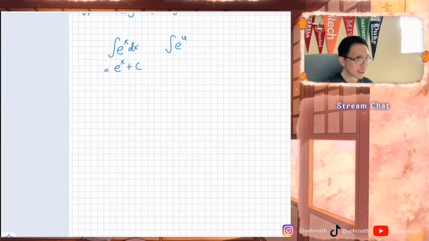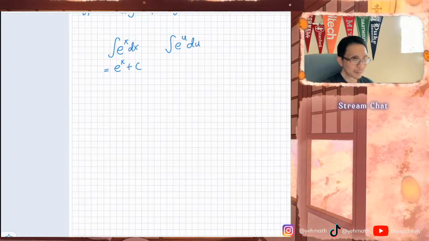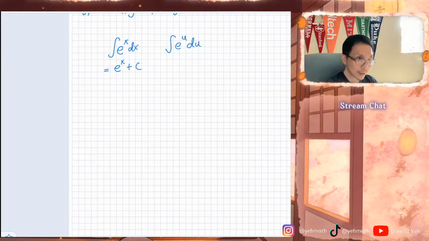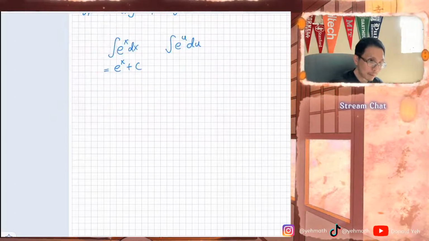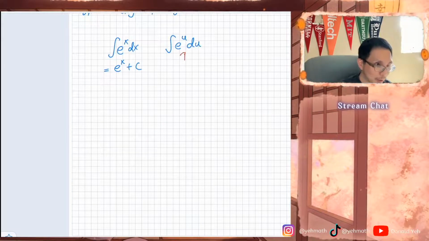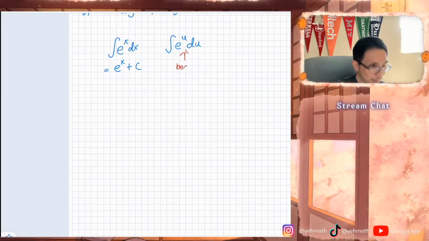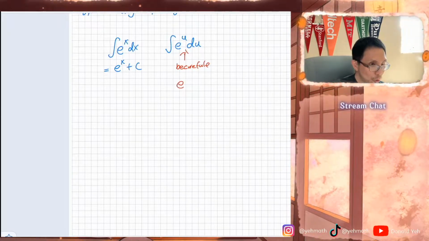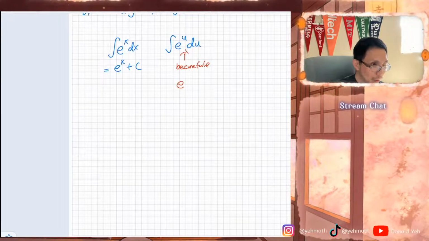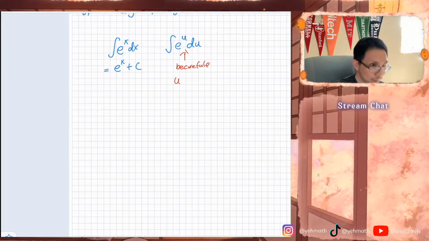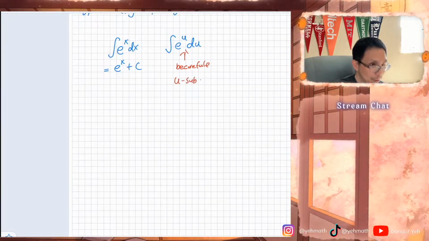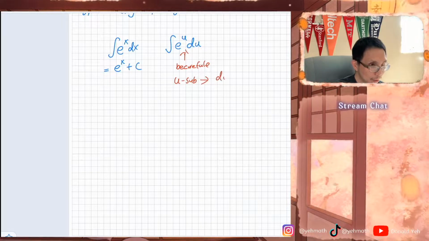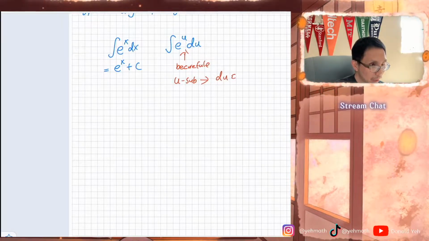Now this one's a little bit different though. You have to be careful with this, because there is a u substitution. I always tell students to make sure to be careful, because every time you have a u sub, there is a du and dx, right?